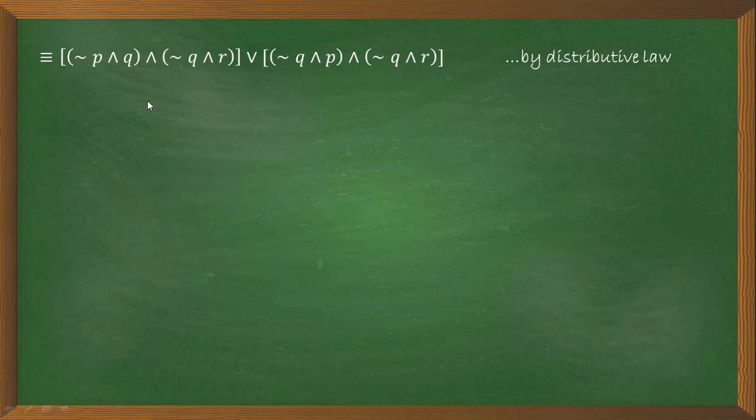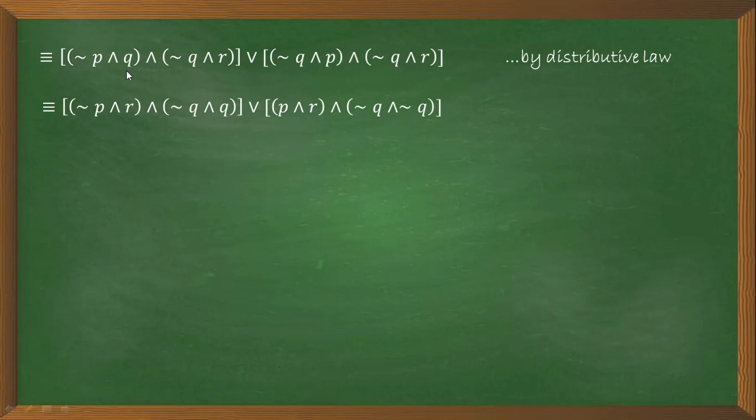Now by the associative law, I will rearrange this first square bracket as, see here, negation P and R, I will keep this one and R together, then "and", and I will keep negation Q and Q together, because here the complement law is applicable. That's why we have rearranged it like this. Similarly, keep this R as it is and apply the associative law to this second bracket.